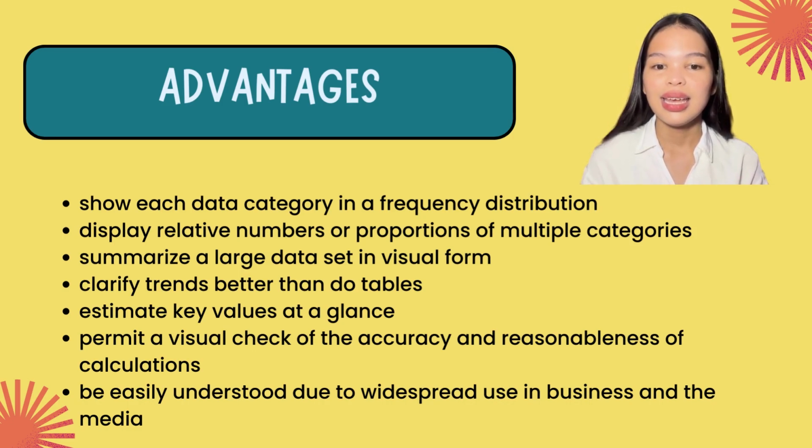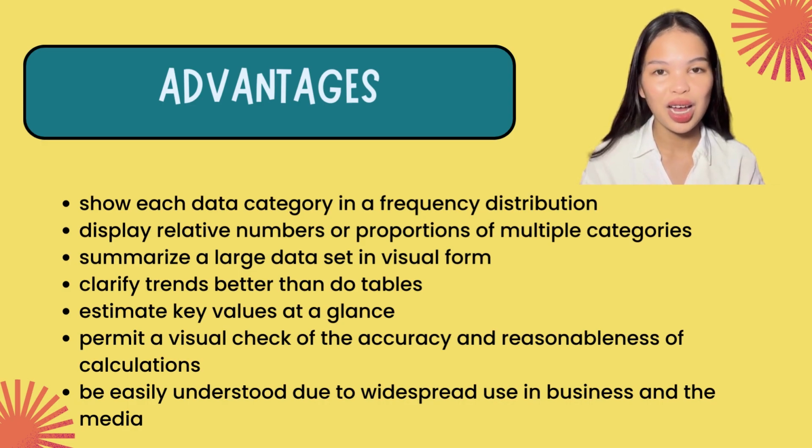Next, it displays relative numbers or proportions of multiple categories. Third, it summarizes a large data set in a visual and easily interpretable form. It makes trends easier to highlight than tables do. Its estimates can be made quickly and accurately.